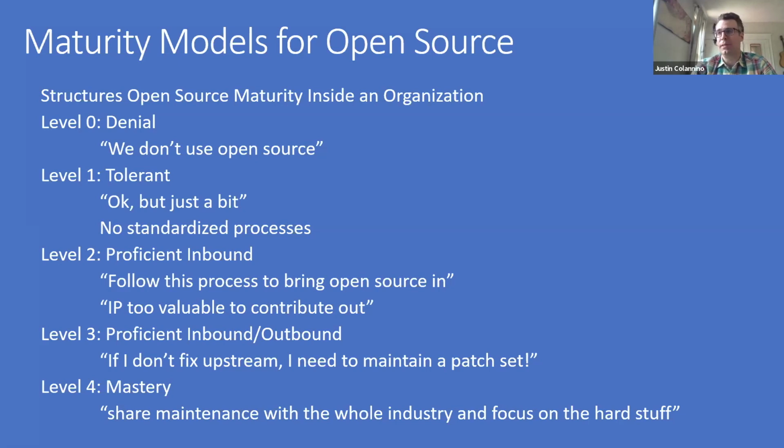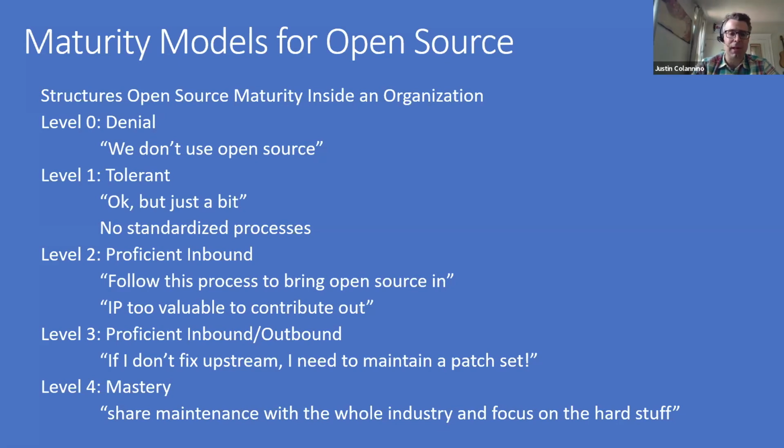If we want to build on this stuff, that's great, but we have too much valuable IP in the form of patents and copyrights for us to contribute back out, sorry to other people. And so there's a clear, documented process. There's probably an allow list of licenses from the legal perspective. But getting anything out of the organization is extremely difficult.